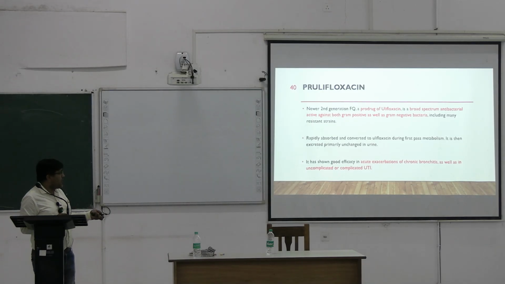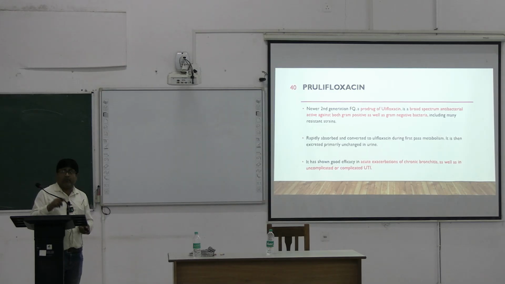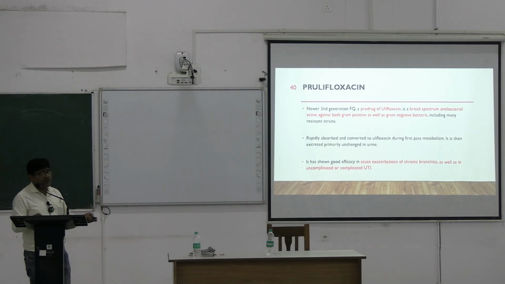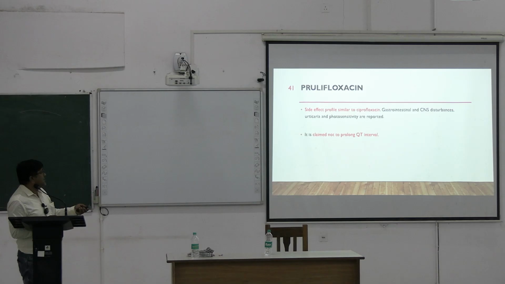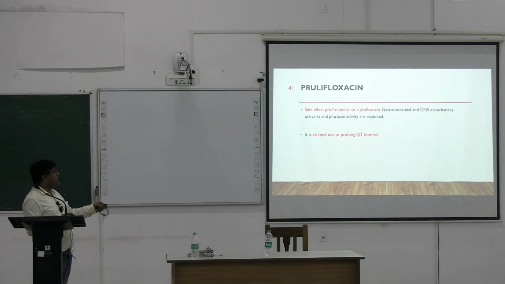Primarily used for pneumonia, exacerbation of chronic bronchitis, complicated and uncomplicated urinary tract infection. Side effects are similar to those of ciprofloxacin, that is, gastrointestinal, neurological and hypersensitivity reactions can be seen. Claimed not to prolong the QT interval.